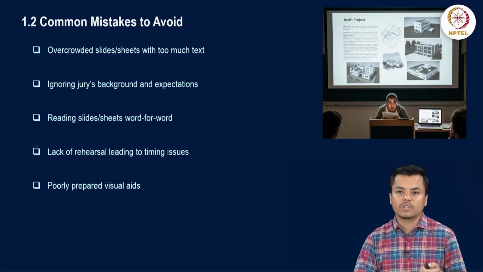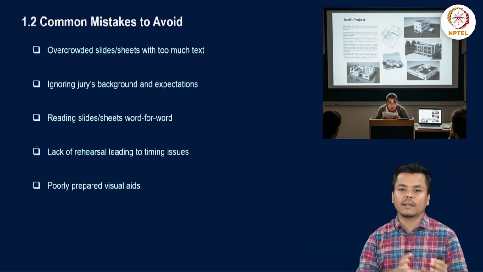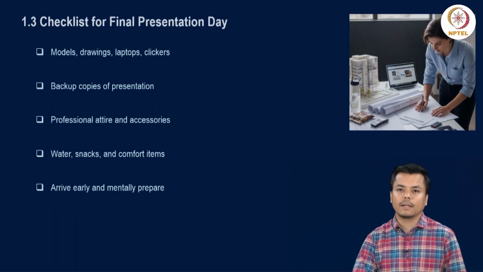Reading slides or sheets word for word is a mistake. Lack of rehearsal might also affect you, as it shows you are not well prepared. Then mismanaged graphics and text lying here and there within your sheet should also be avoided.